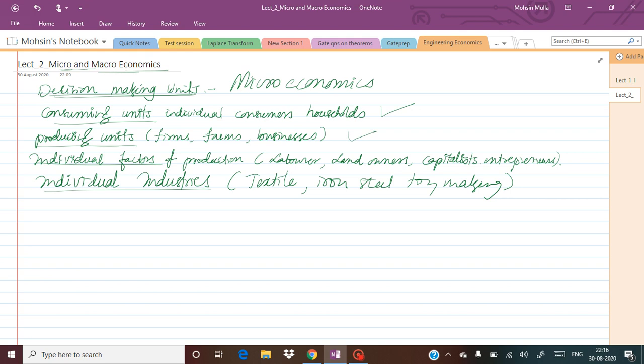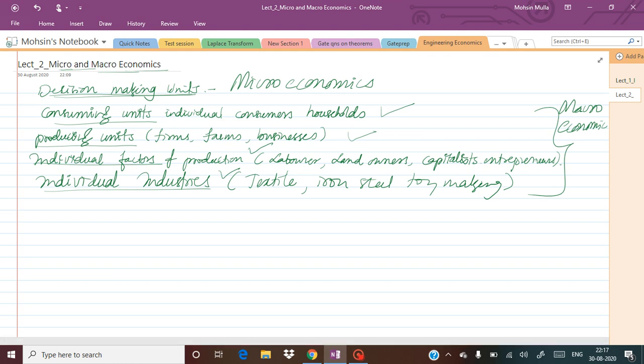At the producing units level, it is micro. At the individual production level, it is micro. Even at the industry level it is micro, but when all are considered together, then it becomes macro.